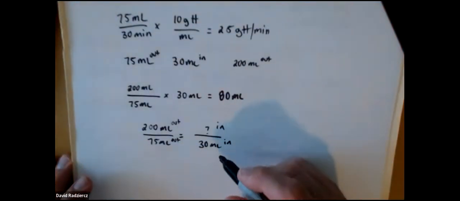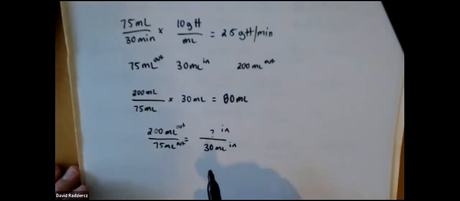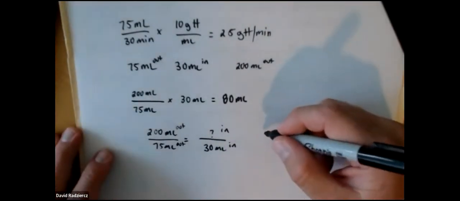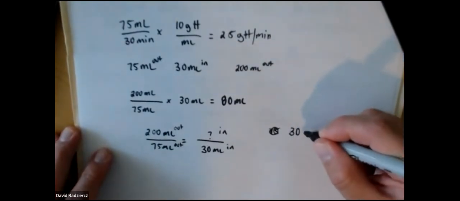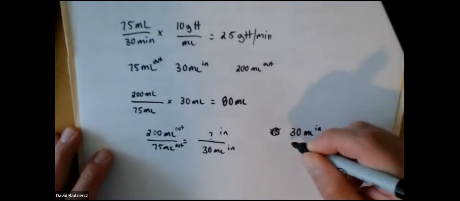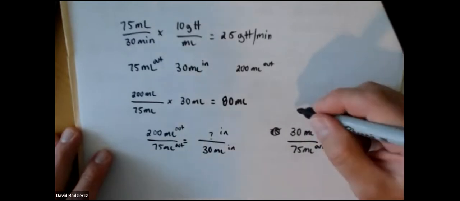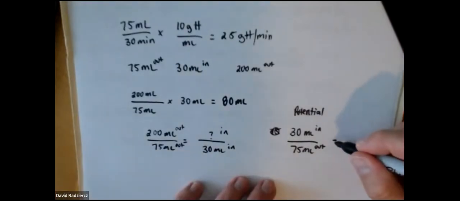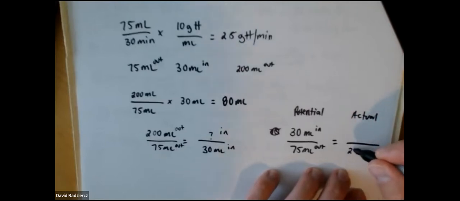You might run into an issue with this just because your proportions might be out. For me, a better setup, if you're going to do a ratio setup, would be something like this. This is the potential side, and then my actual would be, I guess it still works out the same.